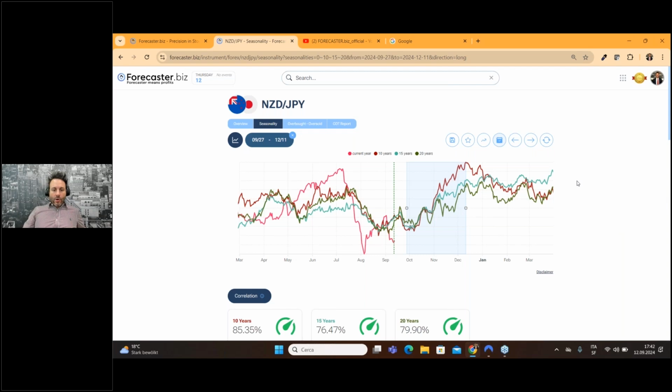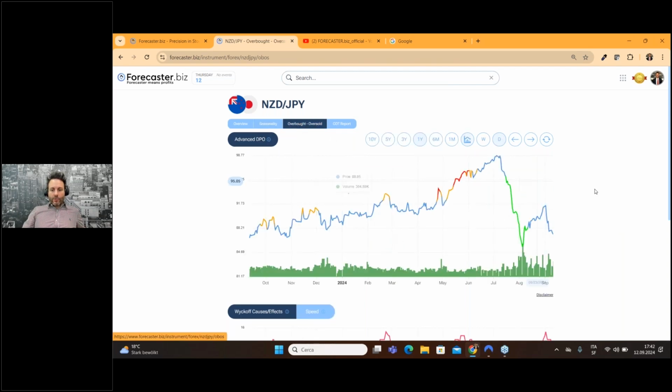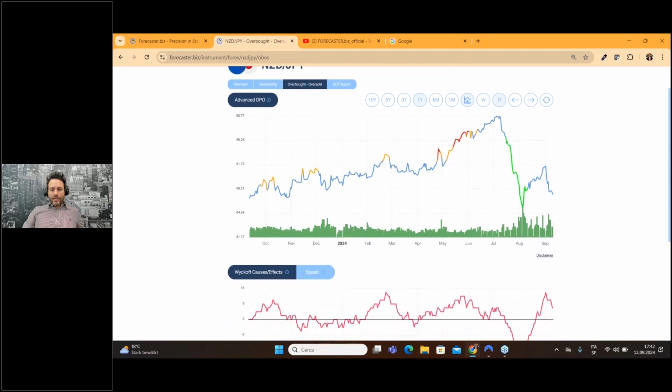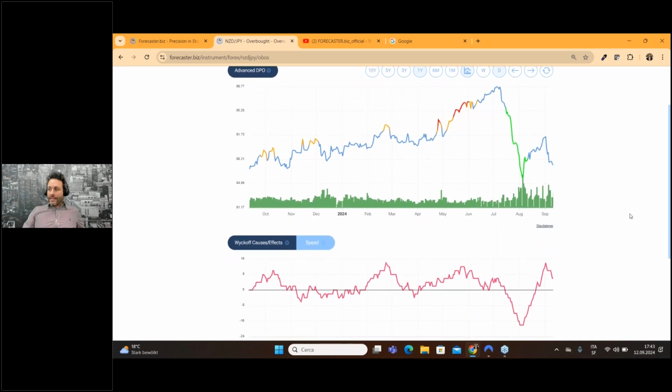Perfect. So what we have to do now is go, for example, to the overbought and oversold page, which is the page where we have other statistics. What we can see in this case is very interesting, because we have our Wyckoff indicators that tell us if on average we have more buyers or sellers.